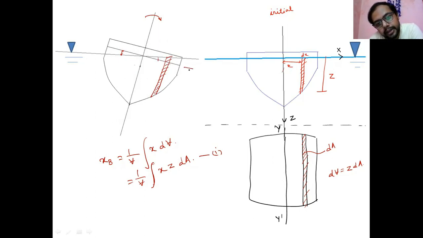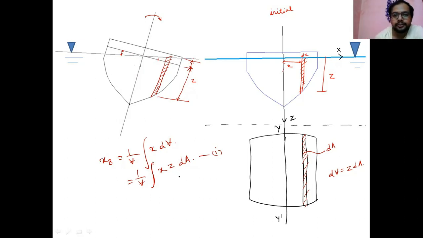From here to here, Z you have already considered, and this extra portion is also coming inside the water. Z is already defined previously. That's why B, the center of buoyancy, changes.